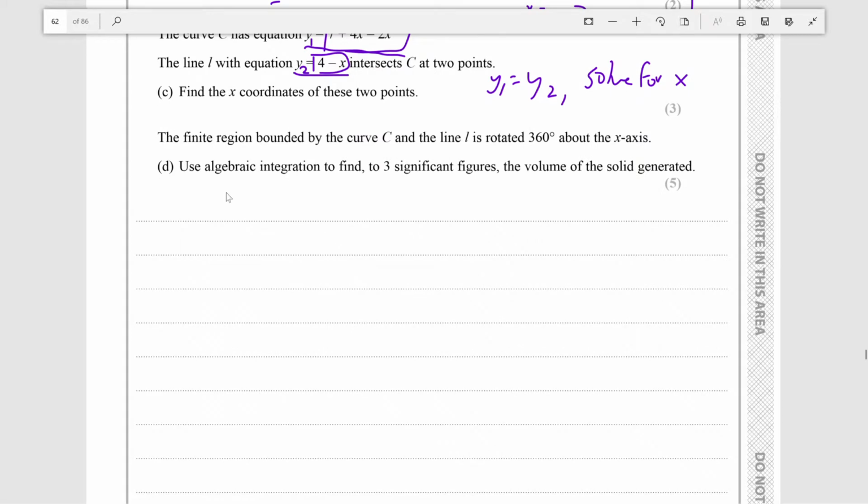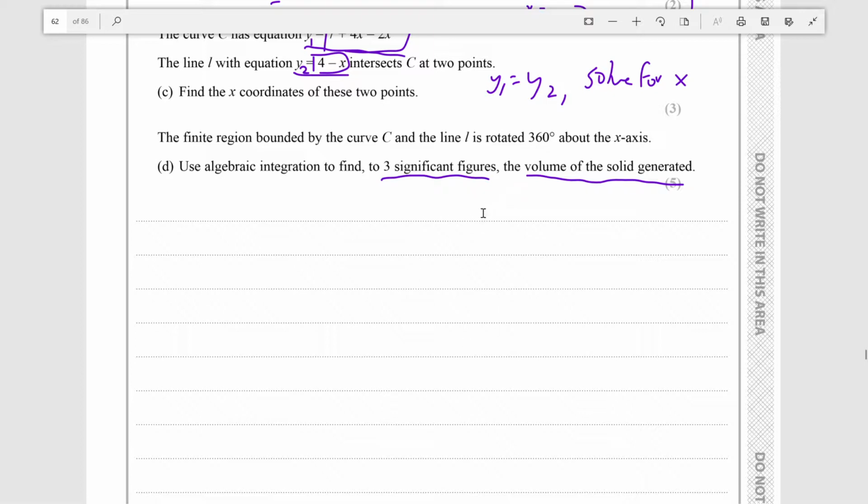And next, the finite region bounded by the curve C and the line L is rotated 360 degrees about the x-axis. Use algebraic integration to find to 3 significant figures the volume of the solid generated. The way you do this is you first find the volume that the outermost curve would generate, and then the volume that the innermost curve would generate, and then you calculate the difference.